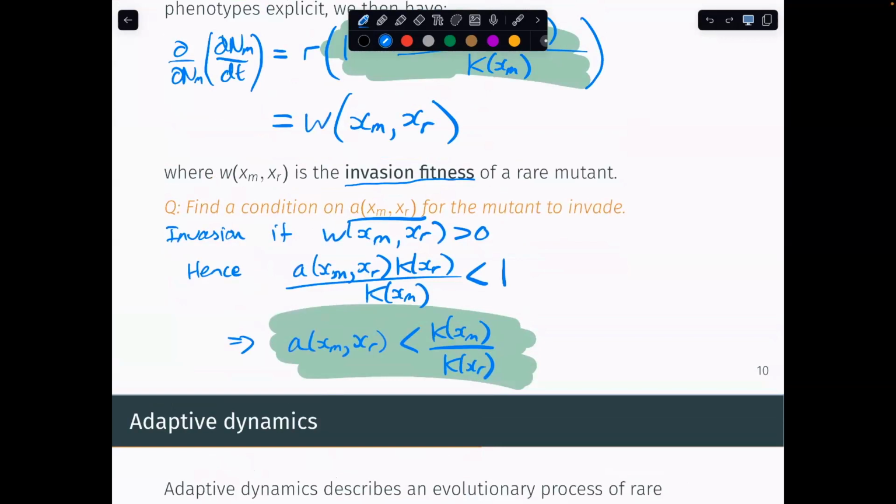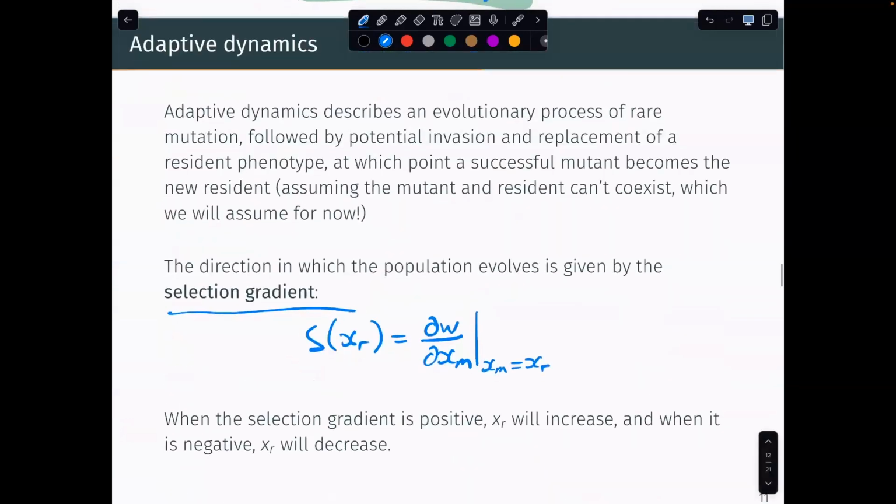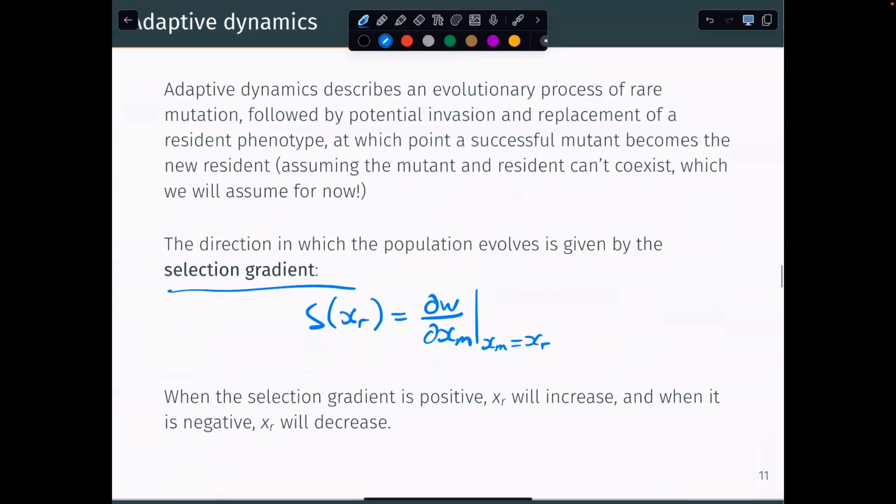So they have positive invasion fitness. If this term has a negative gradient, then it suggests that when XR is less than XM, our mutant is not going to be able to invade. In other words, we need to think about the gradient of this function. It tells us something about the direction of selection. So that's why we call this the selection gradient.